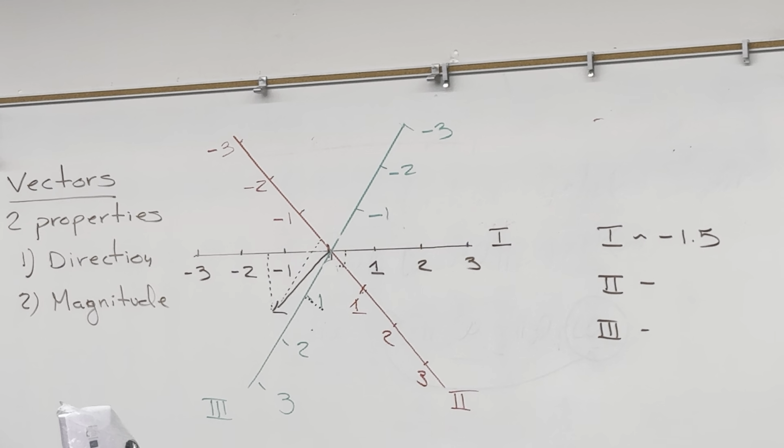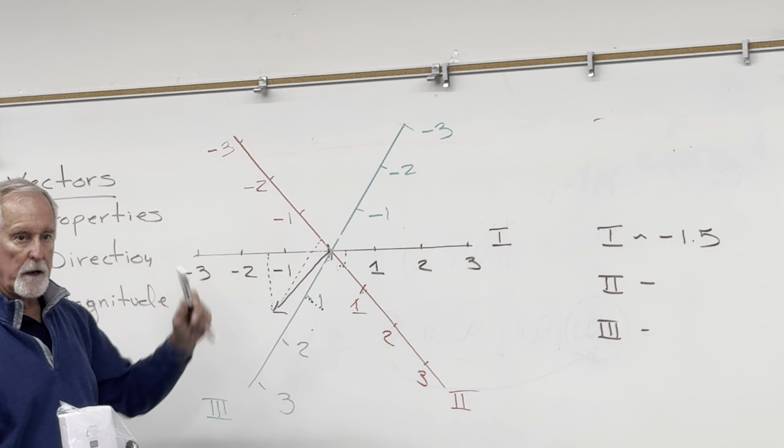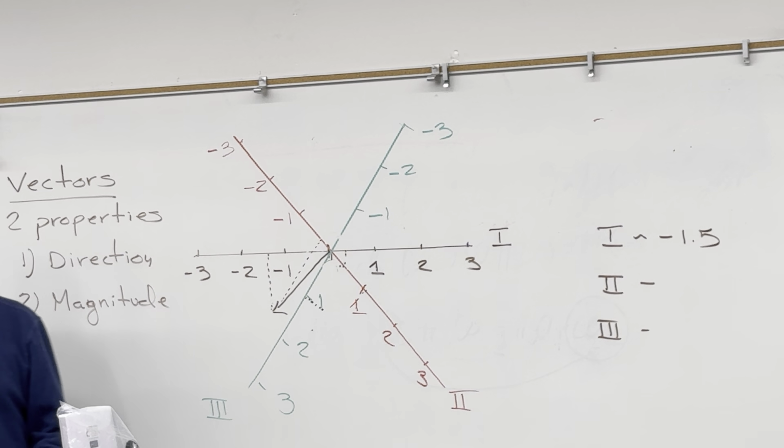What's critical is you understand the concept. The direction and the magnitude. The direction is, is it going to be positive, negative? The magnitude we're determining as to where it intersects a given axis at a perpendicular angle.